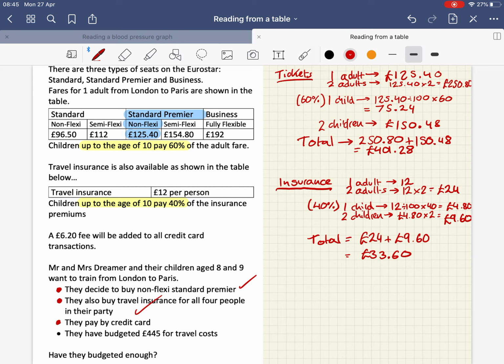Next one, they tell us that they pay by credit card. So we make a note of that credit card fee. And then we're told how much they have budgeted. So all we need to do now is add up our final answer from these 3 sections.